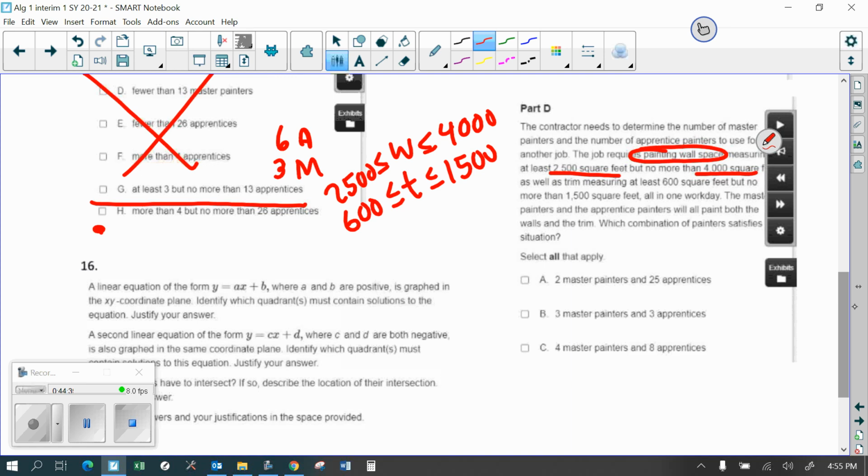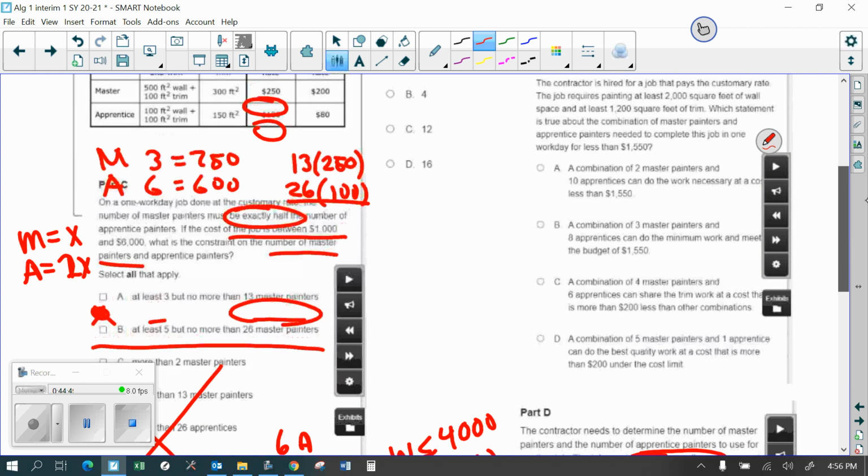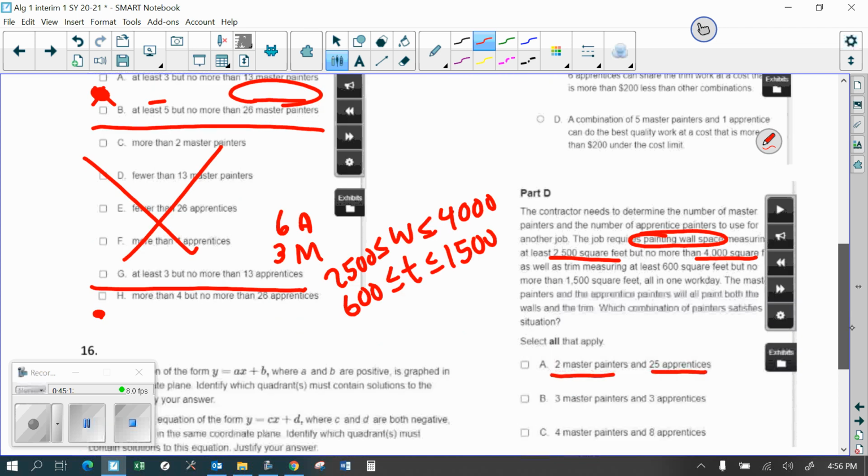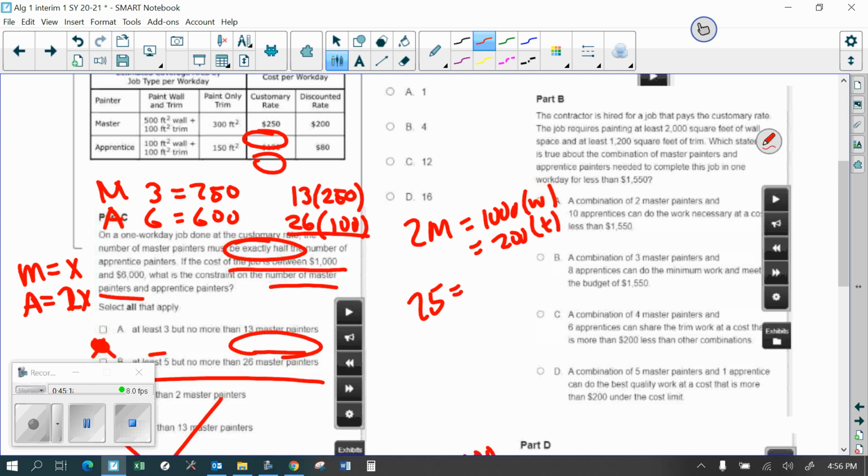Which combination of painters satisfies the situation? Select all that apply. Okay, so 2 master painters and 25 apprentices. 2 masters gives me 1,000 wall and 200 trim. 25 apprentices gives me 2,500 of each.